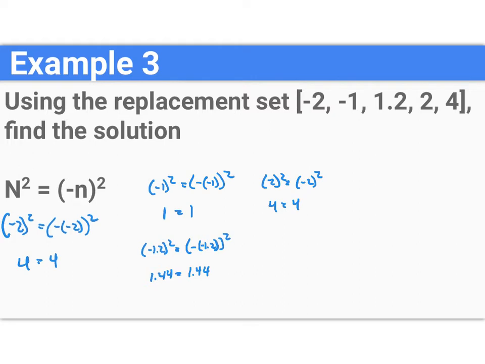That works. And then 4 squared equals -4 squared. 16 equals 16. So all of these are solutions. Every one of them is a solution. So this whole replacement set works for this problem.